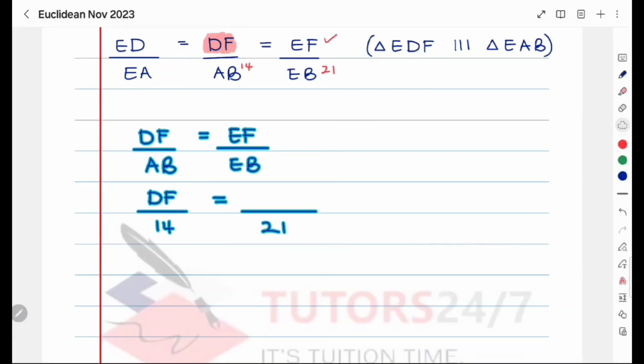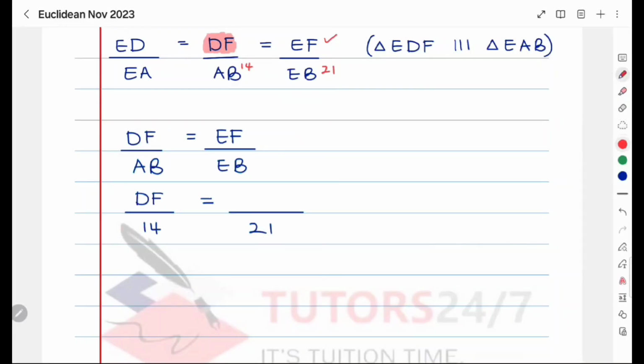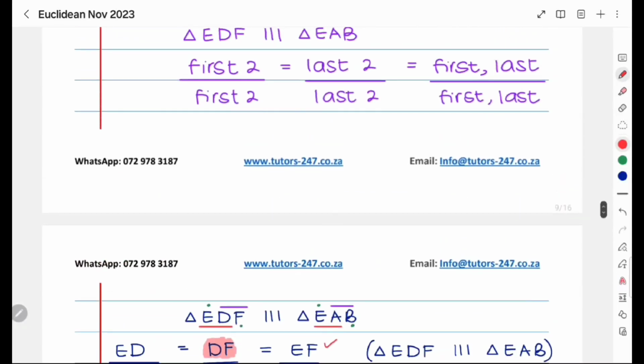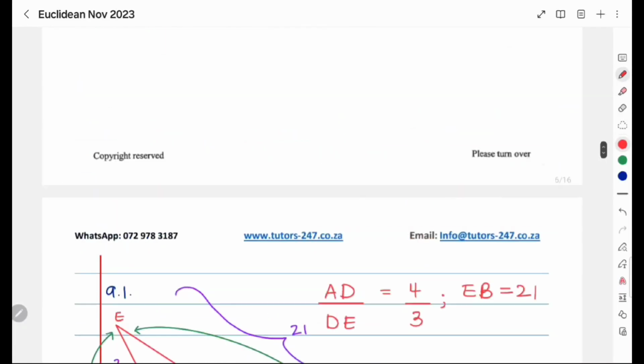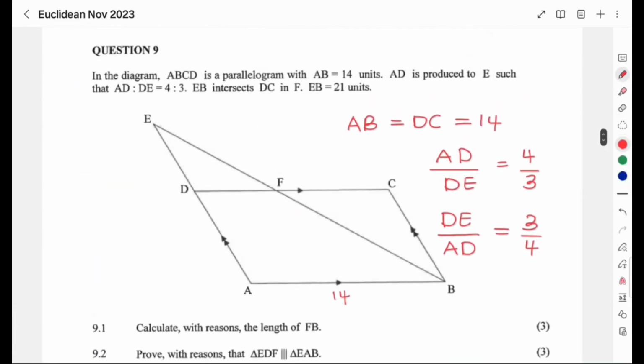So we'll shift this to the left a little bit. Now, if we want to find EF, please take note that we were previously told that EB is 21. And we know that EB is broken up into two pieces, EF and FB. Let's just go back and confirm that. So here it is. You can see that the full length EB is broken up into EF and FB.